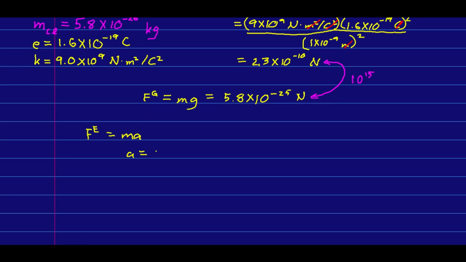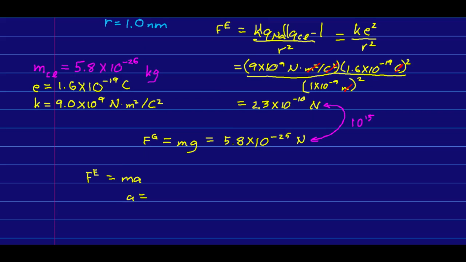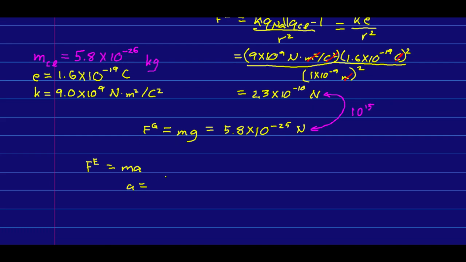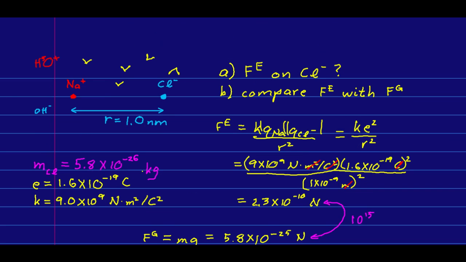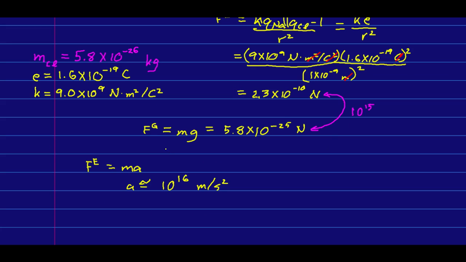Well, that acceleration, if you just take this force and divide by this inertia, you're going to get something of order, look, 10 to the negative 10 divided by 10 to the negative 26, 10 to the 16 meters per second squared. When we accelerate ions with electrical forces, we tend to end up with truly enormous accelerations.